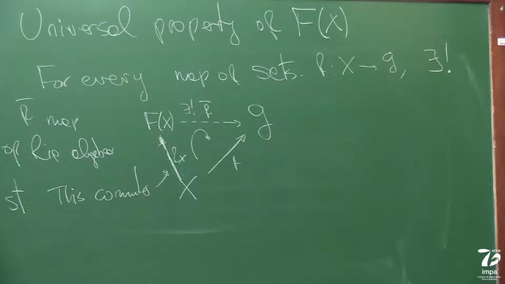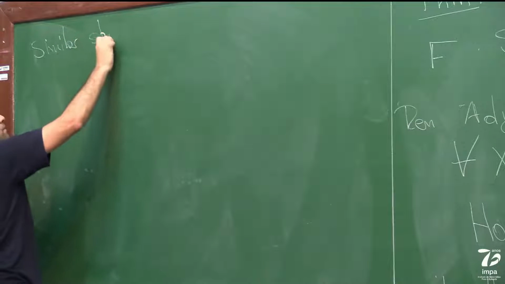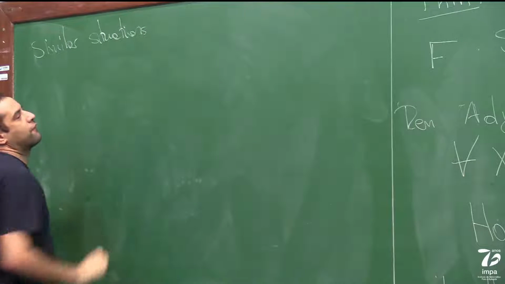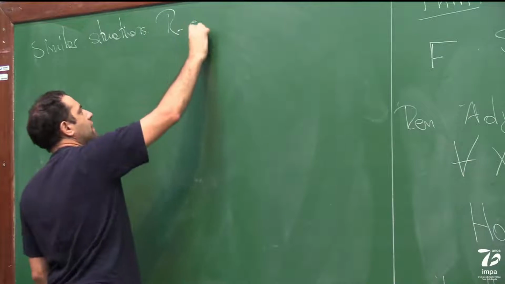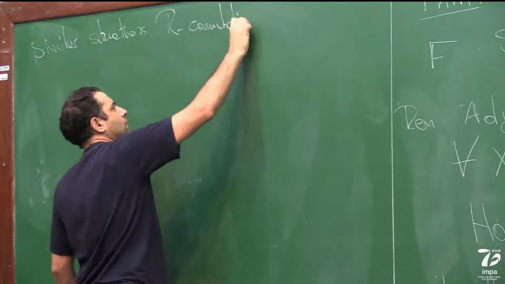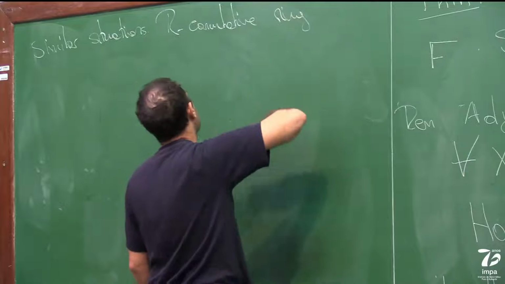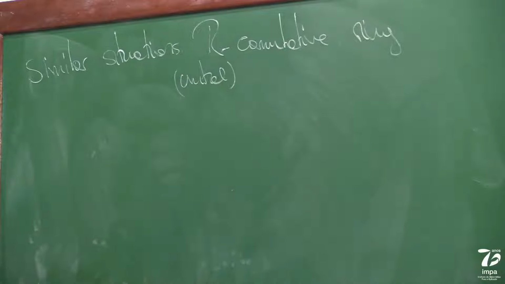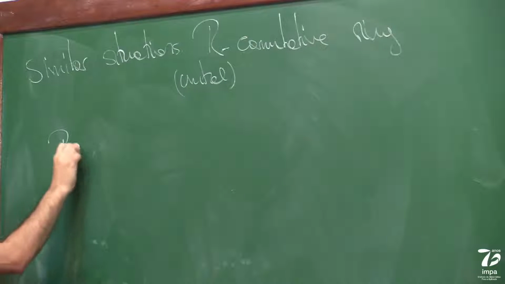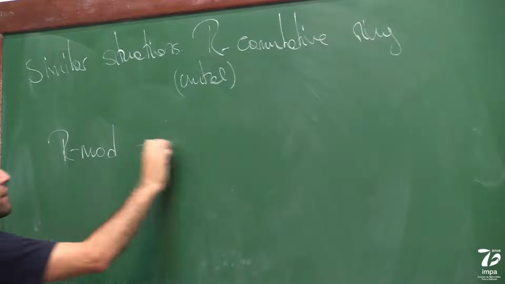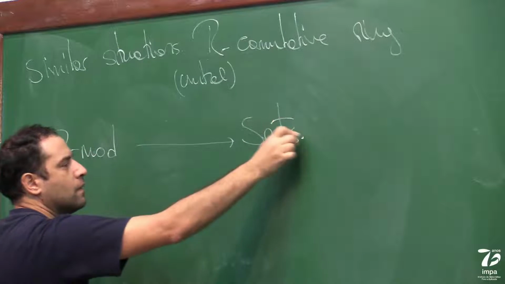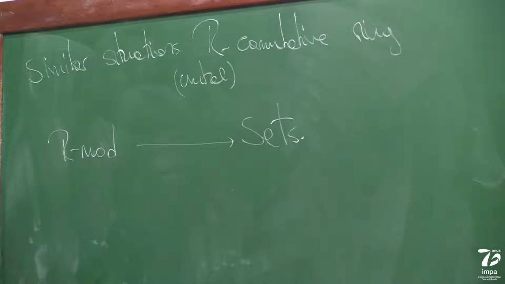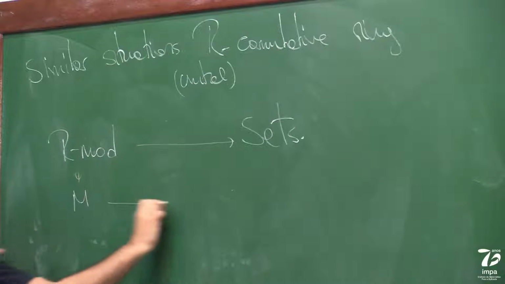So similar examples are in many different categories, many different algebraic categories. So similar situations are, for example, when you fix R a unital commutative ring, then you have a functor from the category of R modules to the category of sets that just takes a module M and just remembers.